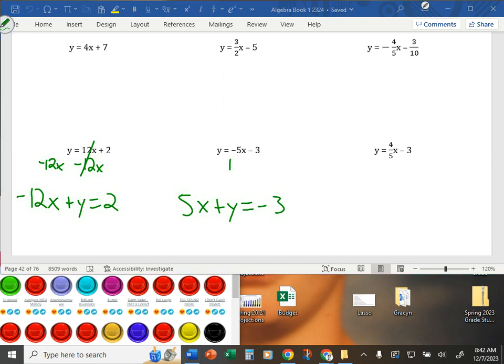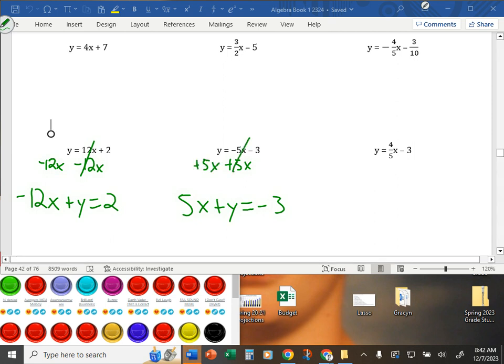The opposite of -5x is a positive 5x. -5 plus 5 equals 0. This sign, Gus brought it down with his constant, -3 on the right side there. On the left side, you have no x's, you add 5x, now you have 5x, and then plus y equals -3. The last one has that fraction.